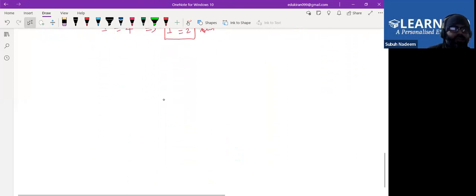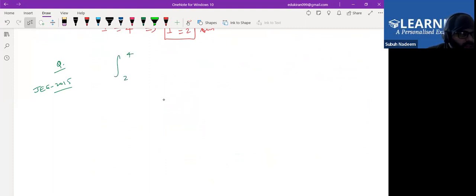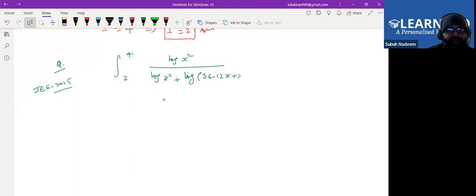Again, there was a question which was asked in JEE 2015, and again the same property will act there. So this pattern of question is very common. This is the integral from 2 to 4 of log of x square upon log of x square plus log of (36 minus 12x plus x square) dx.